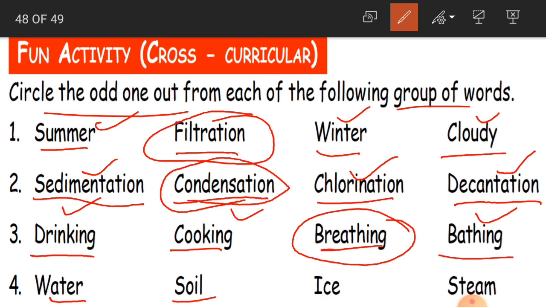Water, soil, ice and steam. Water, ice and steam are different forms of water, but soil is not connected with water. Clear, children? So that is why soil is the odd one. So hope you are clear with all this.